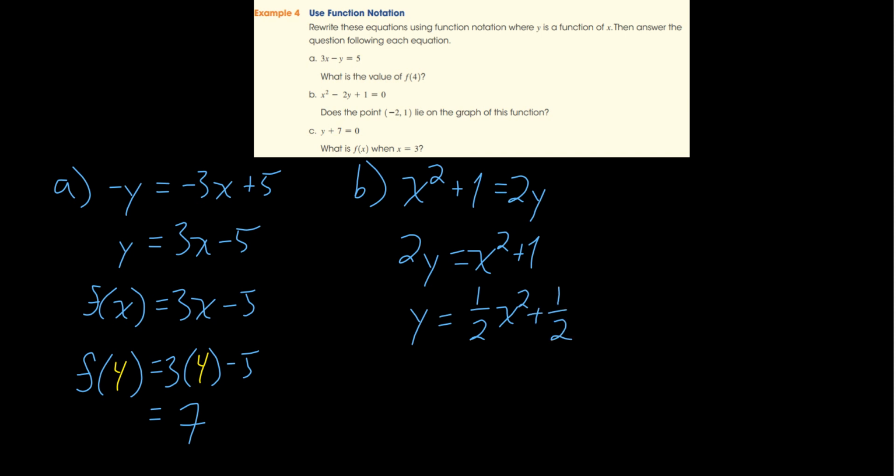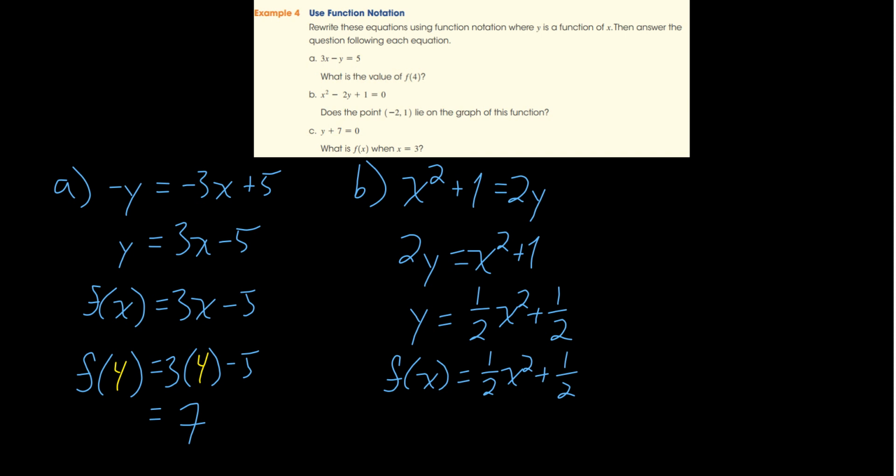Okay, and then I'm going to rewrite that as f of x is equal to 1/2 x squared plus 1/2. All right, that's it. I'm a little bit short on room here because my toolbar's down there. You can't see it in the YouTube video, but it is. So actually, I don't think I need to do that.